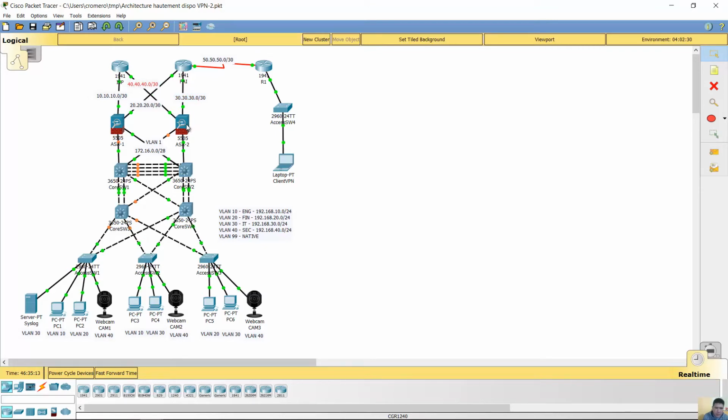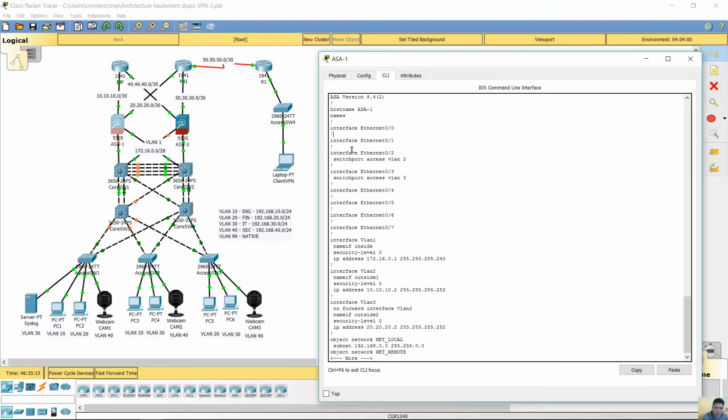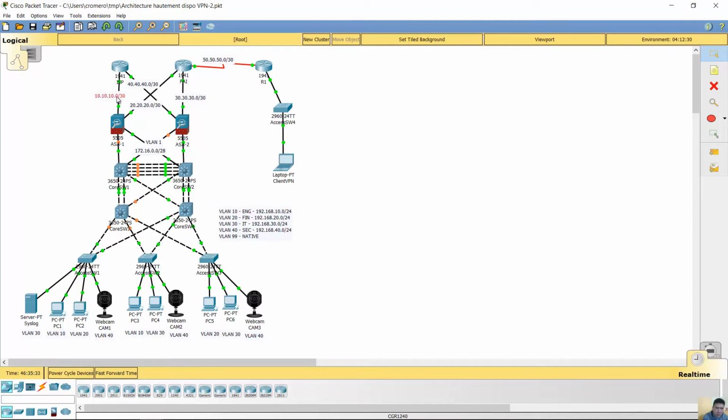The same way on ASA, VLAN 2 and 3: VLAN 2 connected to network 10 and VLAN 3 connected to network 20.